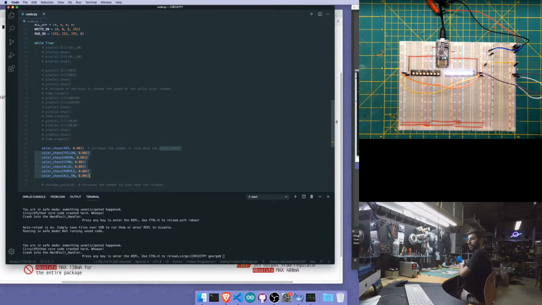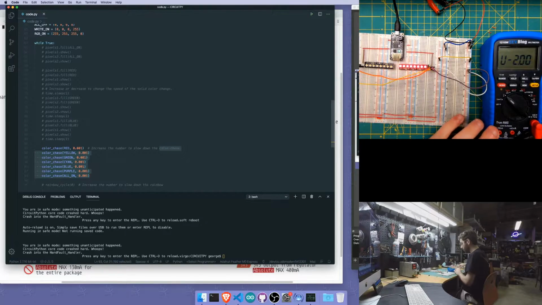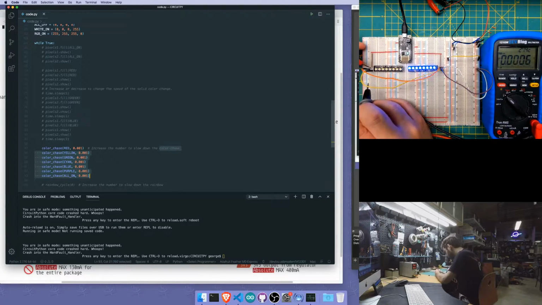Well, let's bring out a voltmeter we can test if we're actually getting power or not to the board here. Okay.